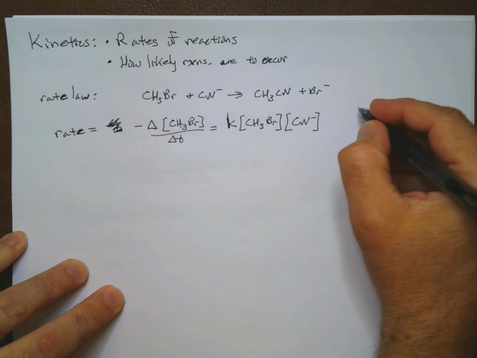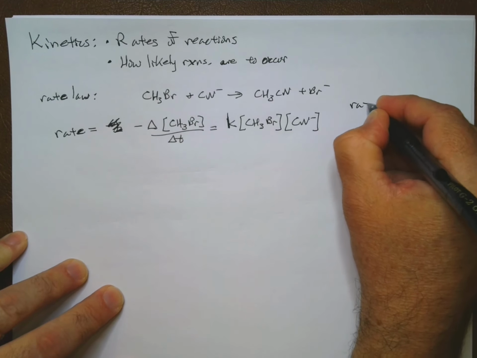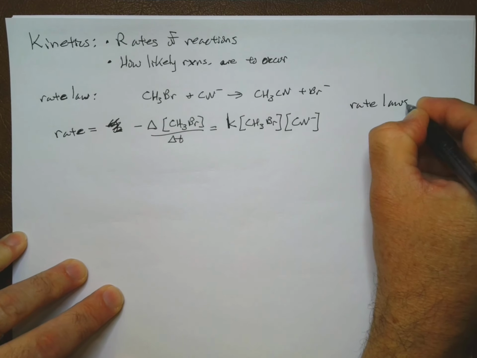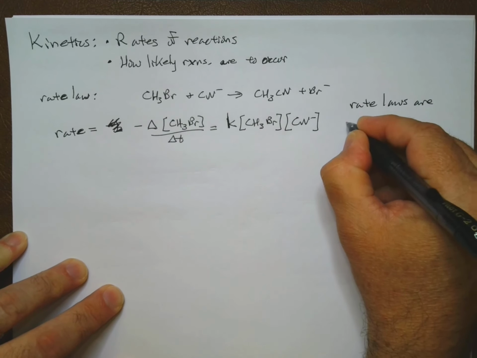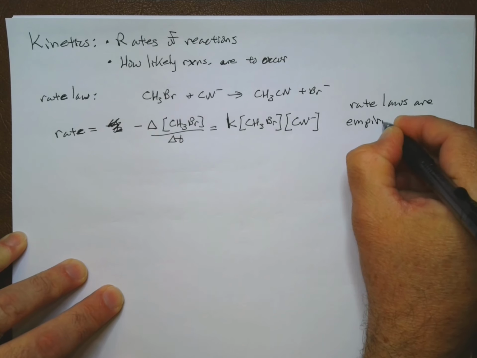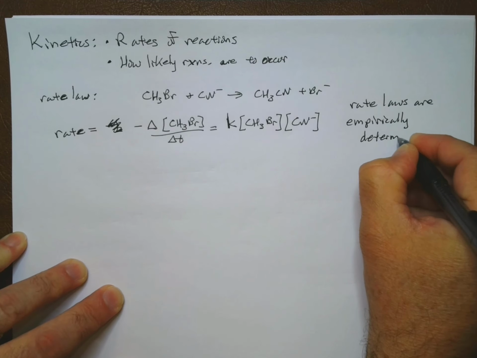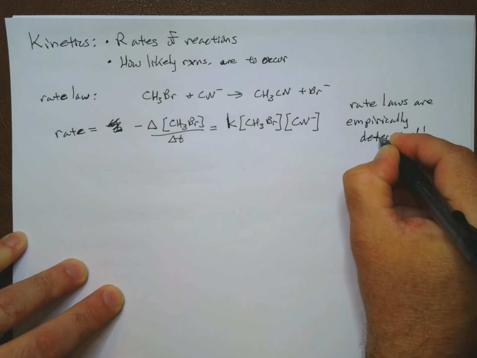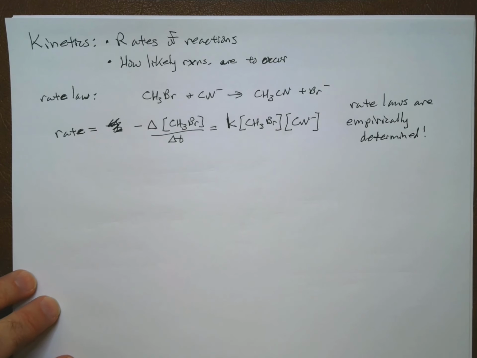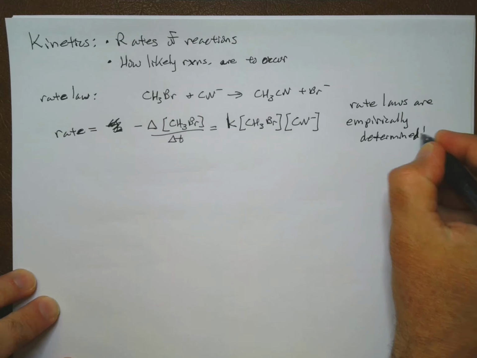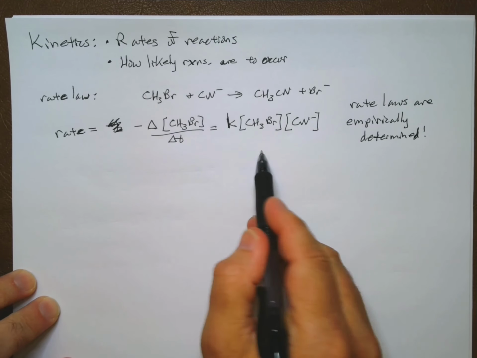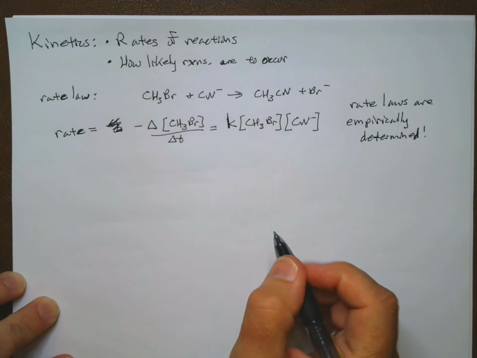These are empirically determined. Rate laws are empirically determined. Okay, I can't look at this reaction and say, yes, that's going to be my rate law. How do I know that?